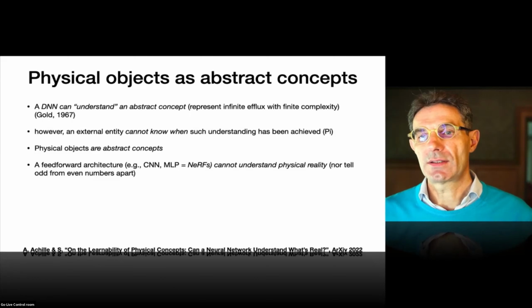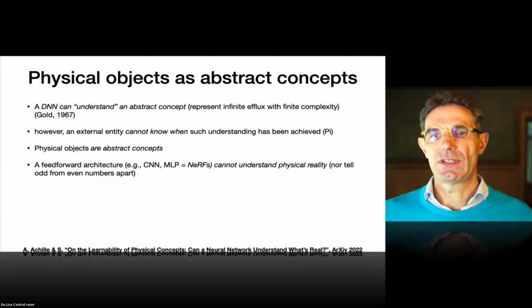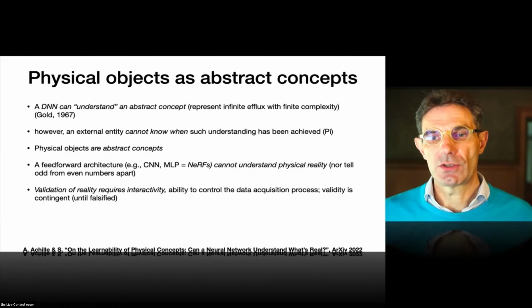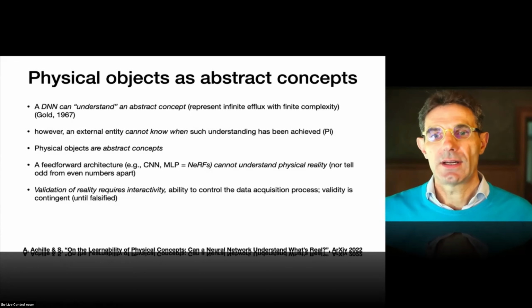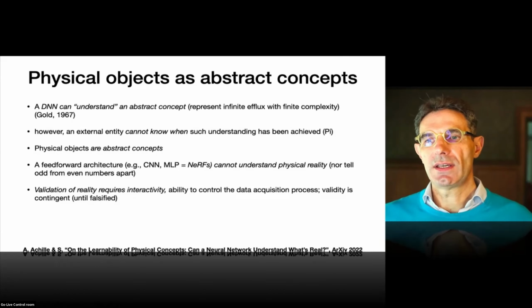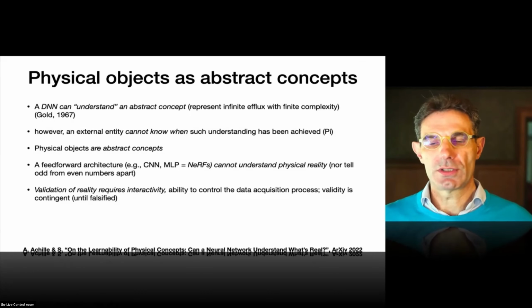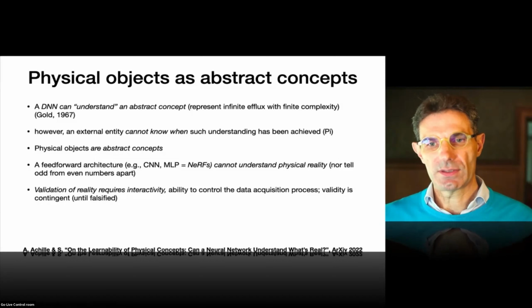And a multilayer perceptron, for instance, cannot fundamentally understand physical reality. Now, for an architecture that has some type of recursion mechanism, even implicit in the data, like in a transformer, you can understand reality, but your understanding of reality needs to be constantly validated. And that requires the ability to control the data acquisition process, to interact, to intervene in the environment. And this is the interaction part that I haven't elaborated on.